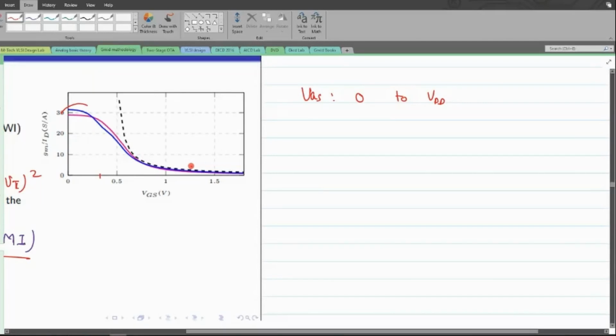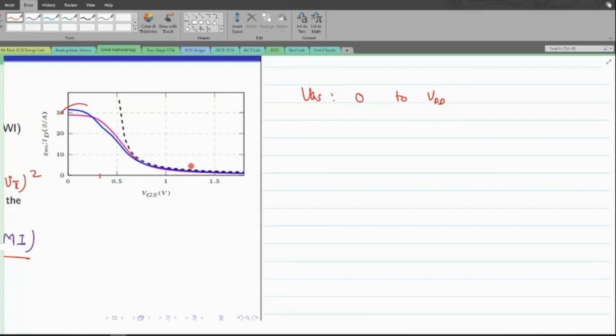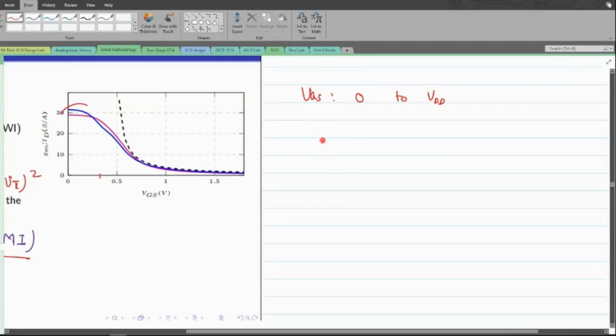Through this GM over ID, I can control certain other parameters, like the transconductance efficiency, and this in turn defines the speed, the noise, and the entire behavior of the circuit. So one has to be careful in selecting this particular value to meet your given specification.